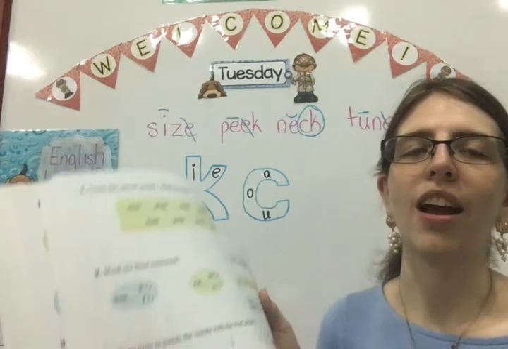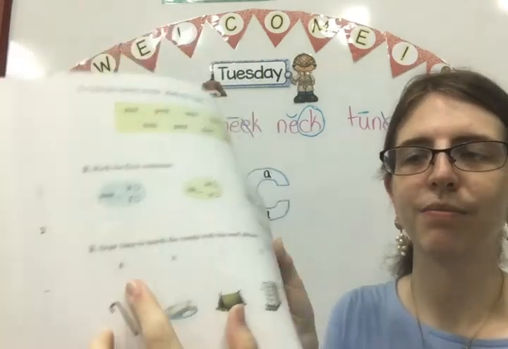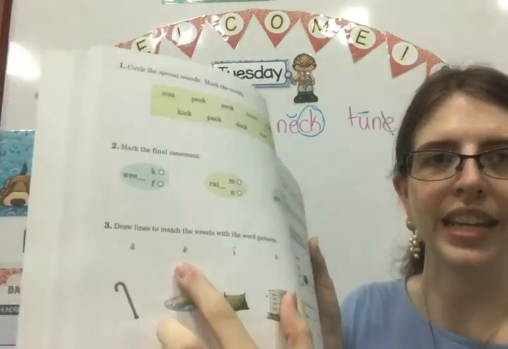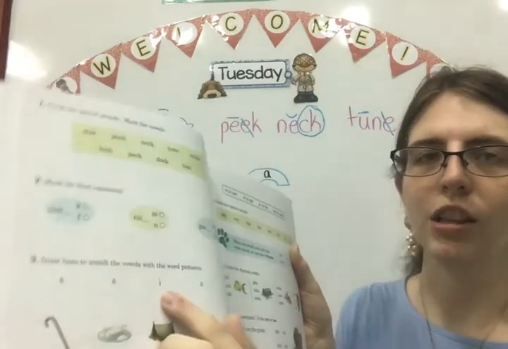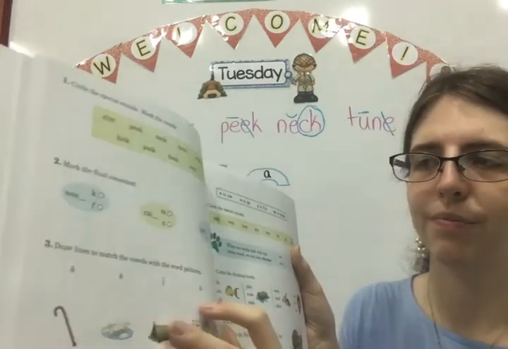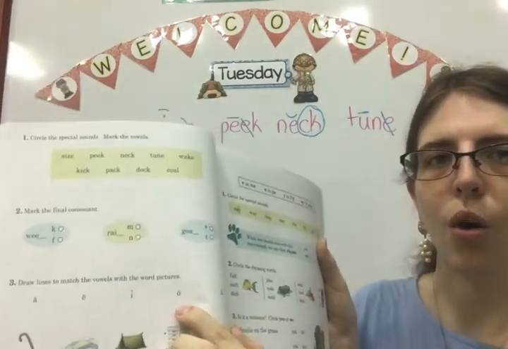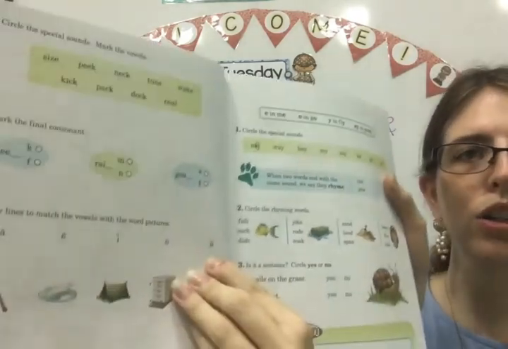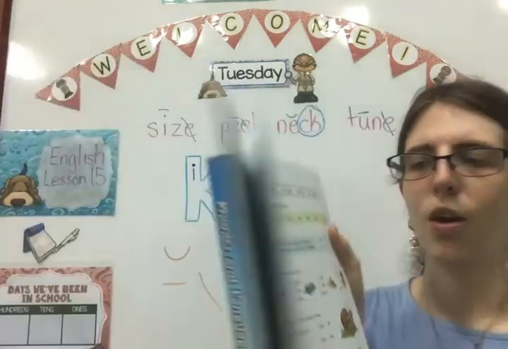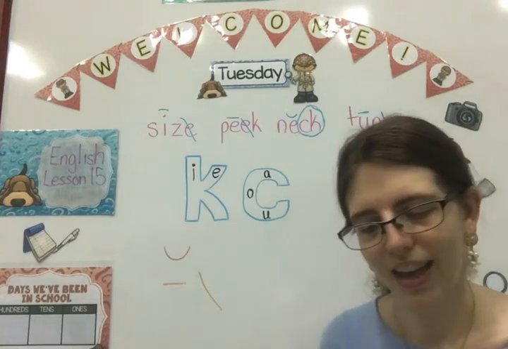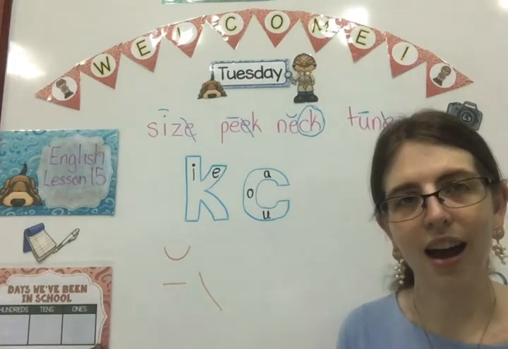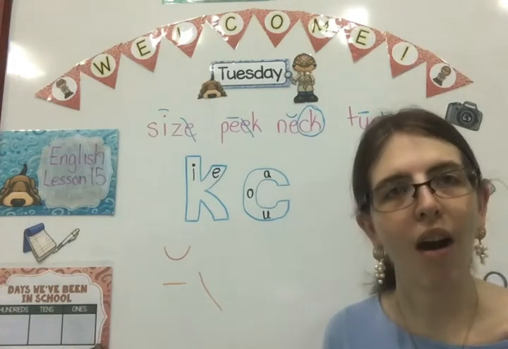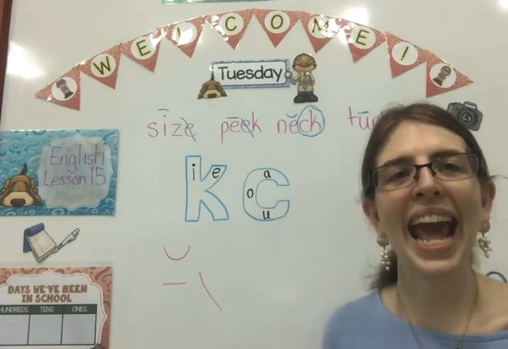Do you hear long A, short E, long I, long O, or short U? What sound do you hear? A, I, O, or U in cane?